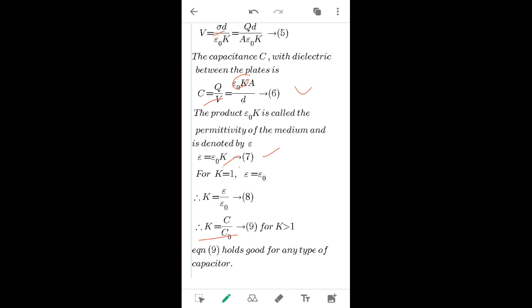You can substitute and see all the equations. So the answer we get is that K, the characteristic constant of a dielectric medium, is equal to the ratio of the capacitance when there is a dielectric medium between the plates to the capacitance of the capacitor when there is vacuum between the plates. So this equation holds good for any type of capacitor.